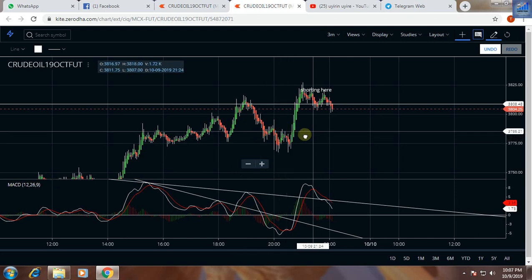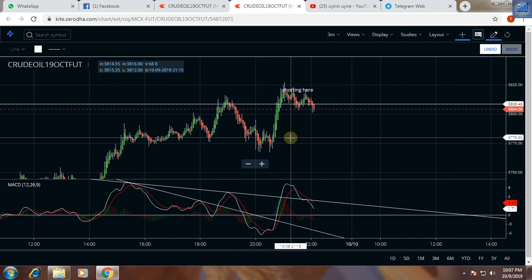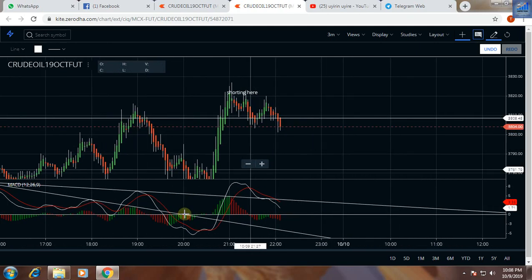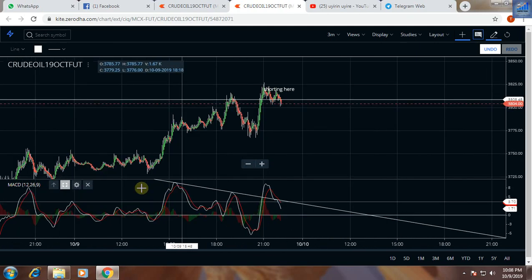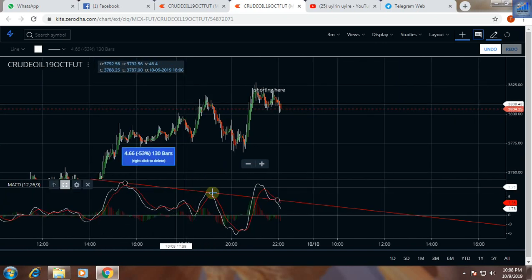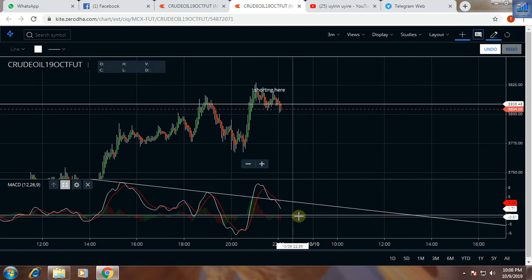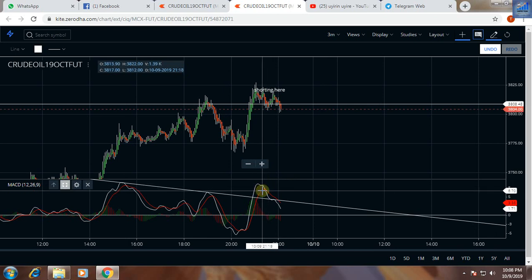That is how this strategy works. And see, now also after MACD violating this trend line resistance and moving upward, it then gave a sell signal here above this baseline, that is the zero line. We know that this is a good shorting opportunity.